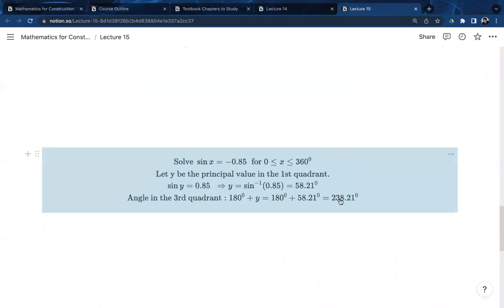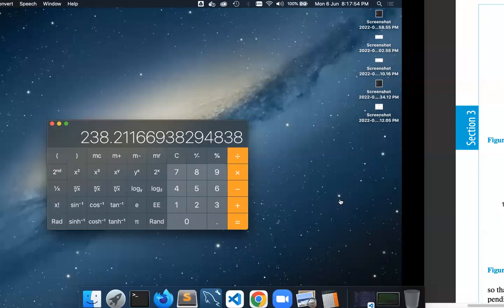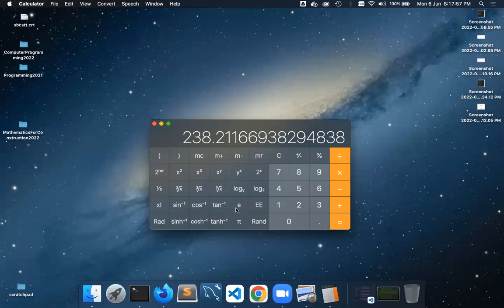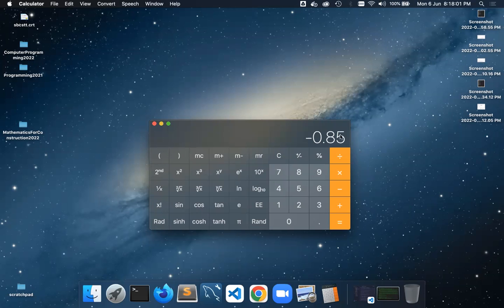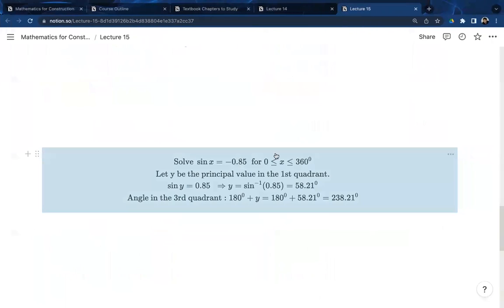This is an angle in the third quadrant. If I try to find the sine of that, you'll see what I got? Negative 0.85. That's the original problem here. Basically, the calculator wasn't giving you that answer. The calculator was giving you a negative answer. We can't use that negative answer here.